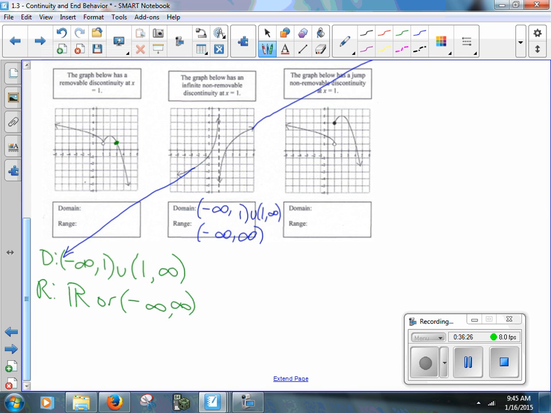Kat, what about the next one? What would the domain be? But what about that hole there? I'm not questioning you. I want you to be 100% certain. I'm not saying you're wrong. I'm just asking.